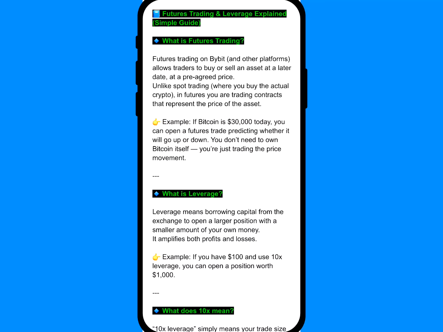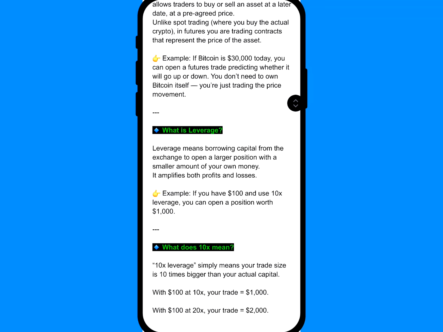All right, let's go to what is leverage. Leverage means borrowing capital from the exchange to open a larger position with a smaller amount of your money. It amplifies both profit and losses.